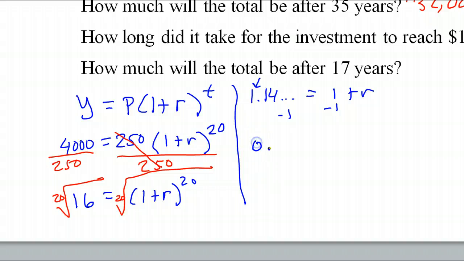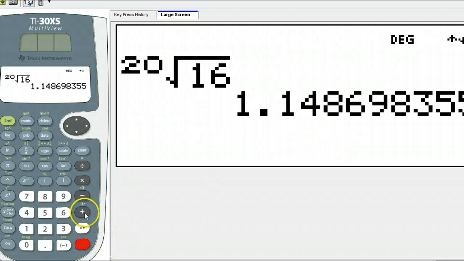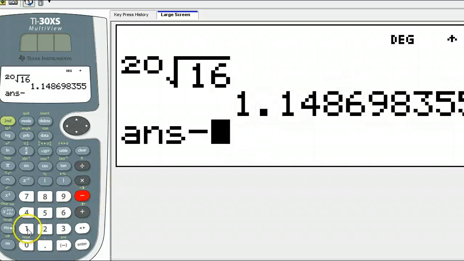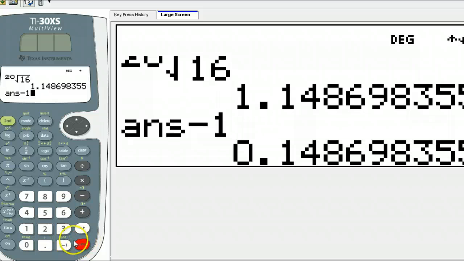So this is going to be 0.14, etc. is equal to r. Or if you didn't see that, with this number still on the screen, I can just do minus 1 like that. And see, I get 0.blah blah blah.